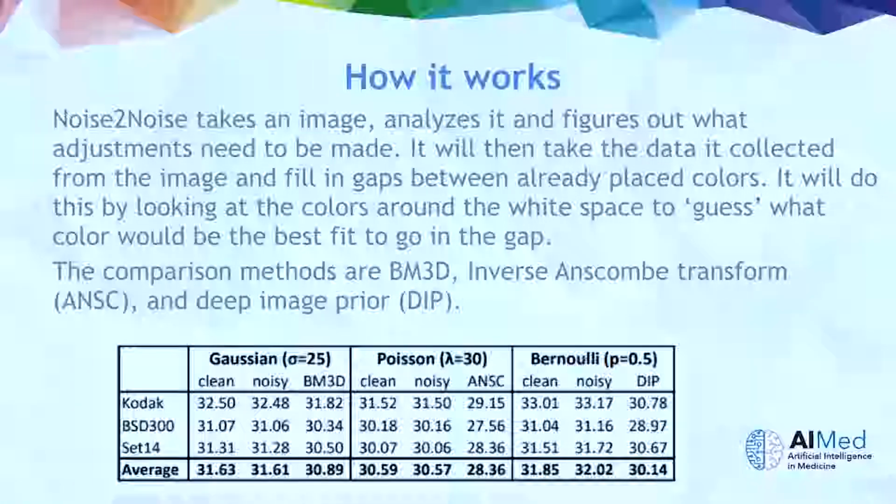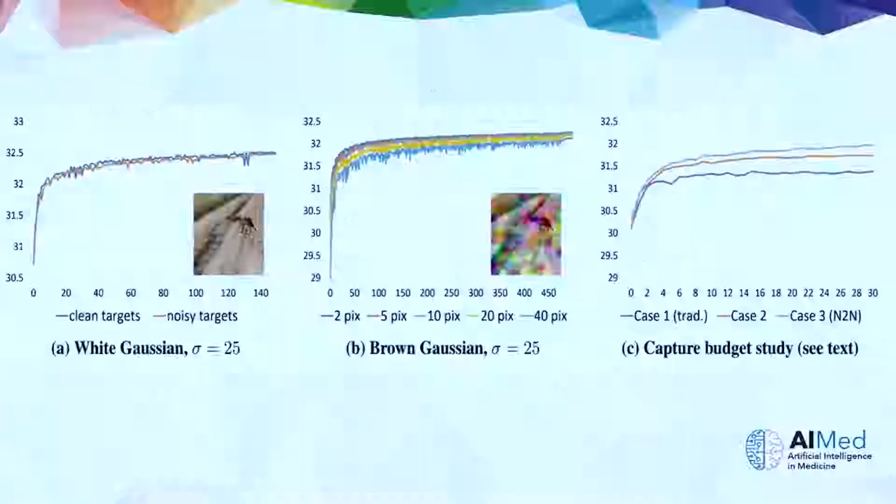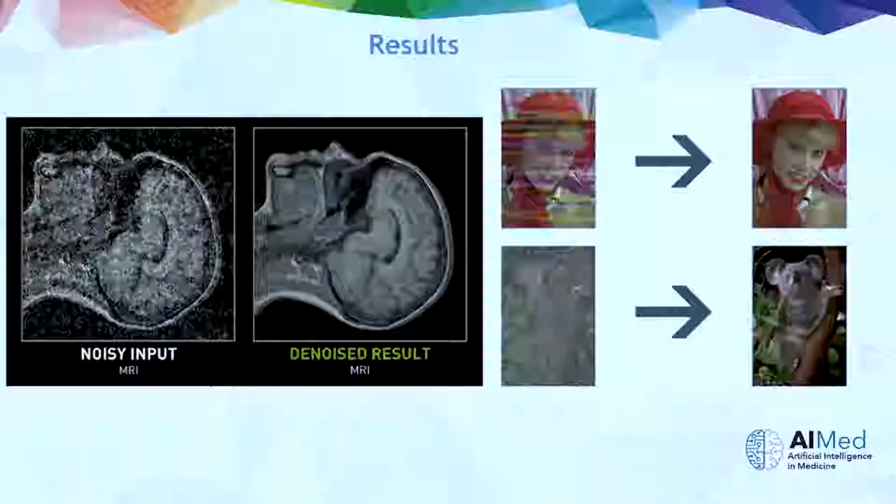In terms of the algorithm and training, 50,000 images were taken from ImageNet and used with different synthetic noise: Bernoulli, Gaussian, Poisson, and some synthetic Monte Carlo images. They were tested very well. Here is one example, which is very close to the ground truth image. They made this noisy input.